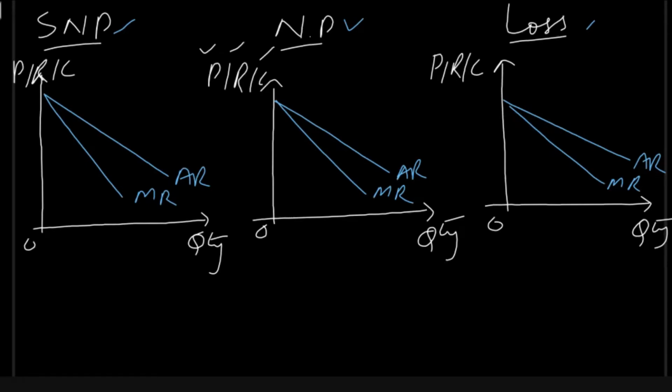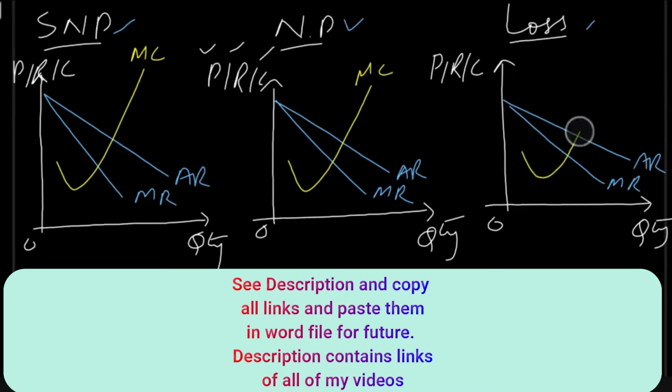Another process we have to go through is to draw the marginal cost curve, which looks like a hockey stick. We will repeat the same process in each type of graph, whether it is supernormal profit, normal profit, or loss, to find the equilibrium point.